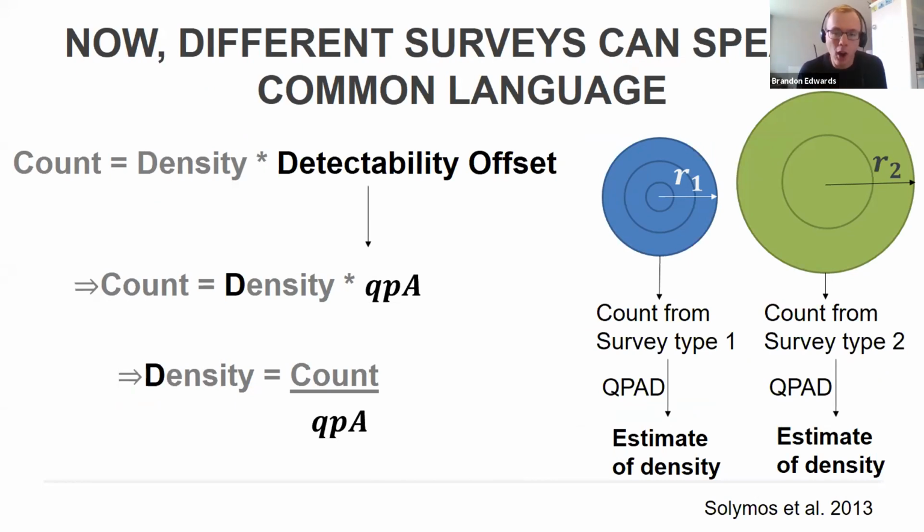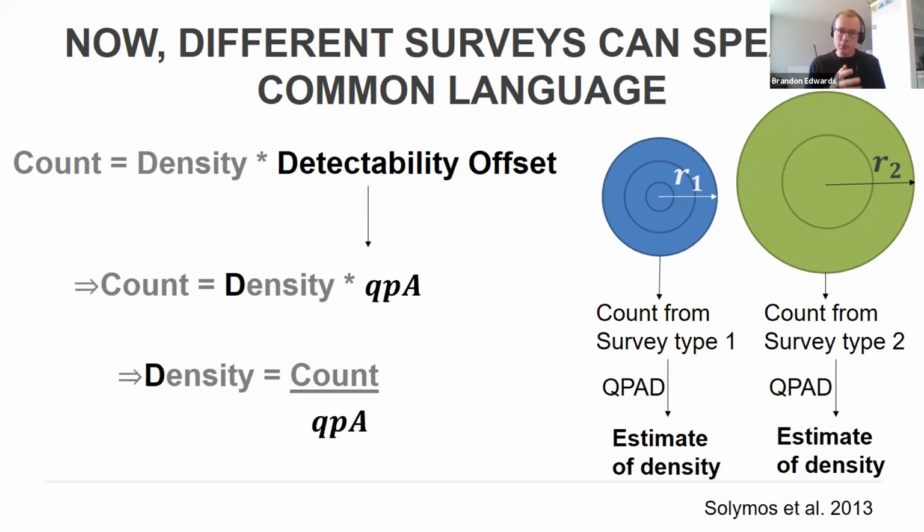And the best part of this is the fact that this detectability offset accounts for the survey type. So if we had a count from one survey protocol, so I don't know, pick your favorite bird survey in North America, we can combine information about availability and perceptibility with info on that survey protocol to generate an estimate of density for that survey.